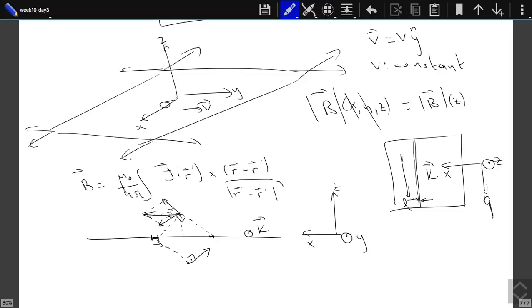And this segment will create a magnetic induction at this point in this direction. The sum will again be horizontal, but in the other direction.